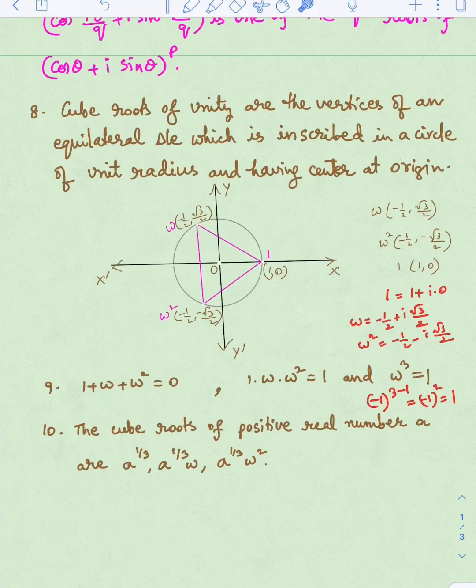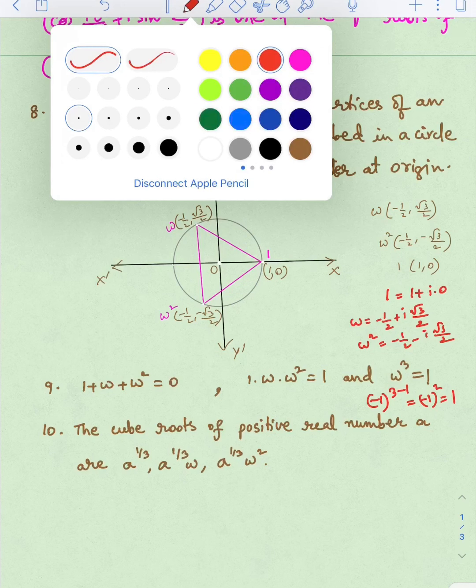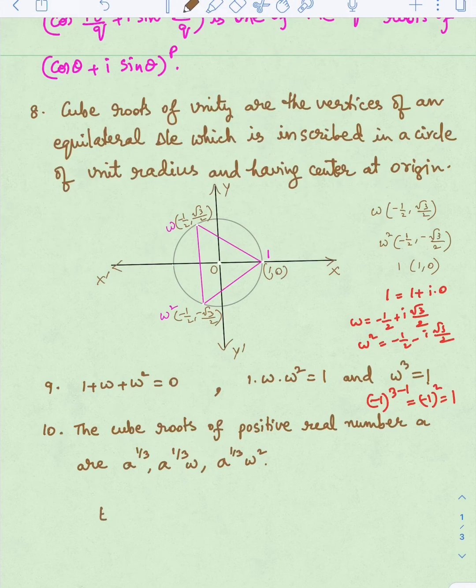Now the last one, the 10th one. The cube roots of a positive real number a. If you take a number a, for this number a, what are the cube roots? They are a power 1 by 3, a power 1 by 3 omega, a power 1 by 3 omega square. Let us take an example: the cube roots of 8.